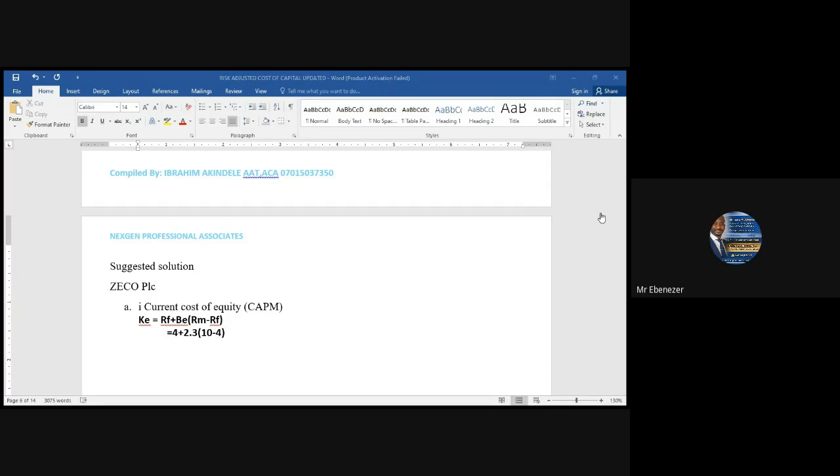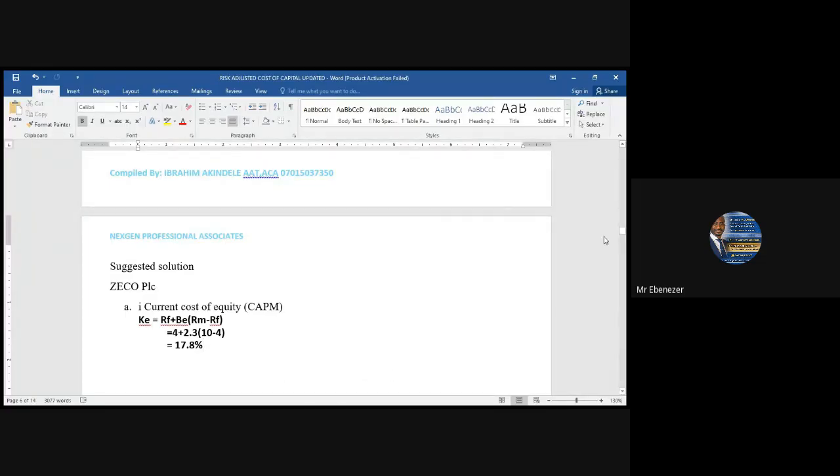What do we have as cost of equity? 17.8%.